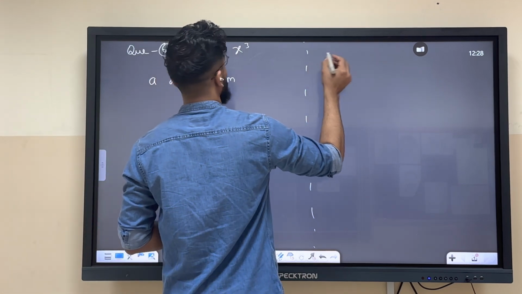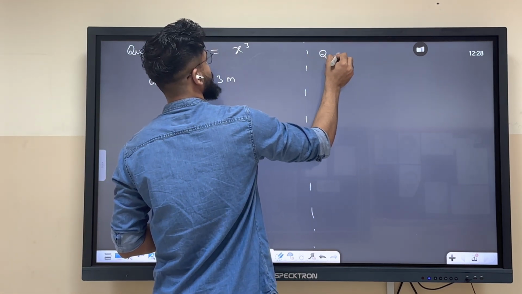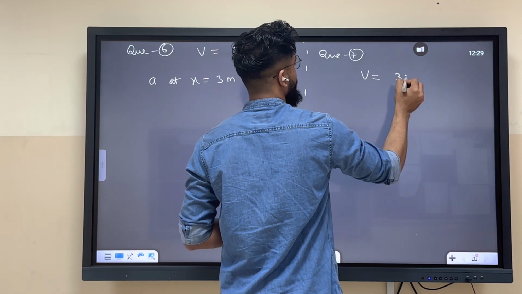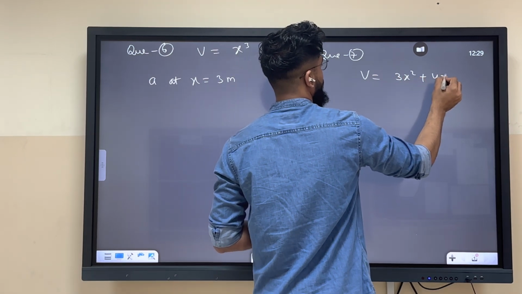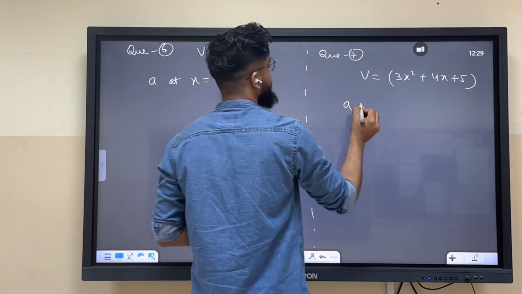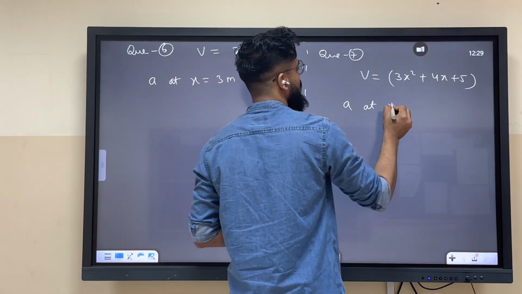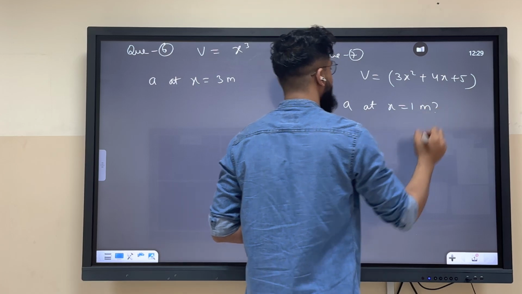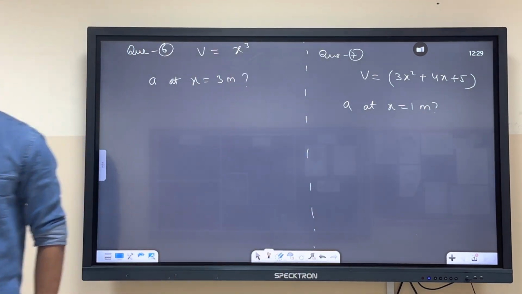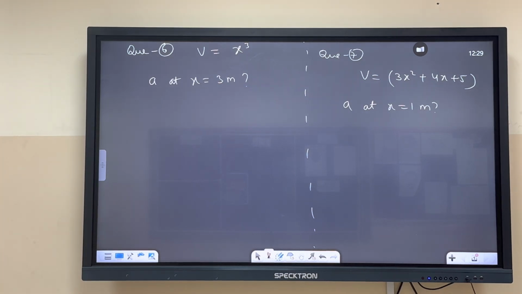And over here, this is the velocity, acceleration at x equals 1 meter. So pause the video and attempt these questions. Chalo, done.